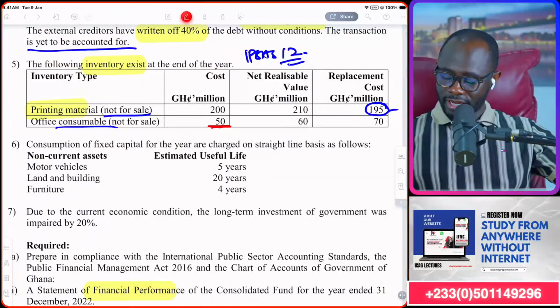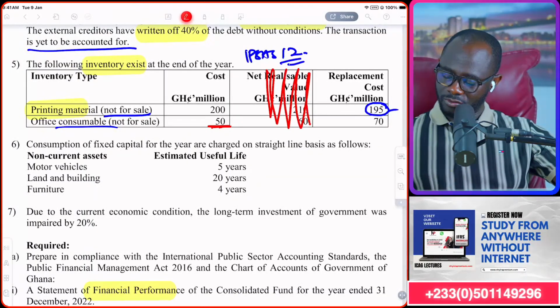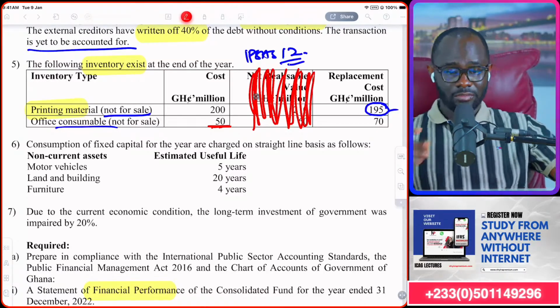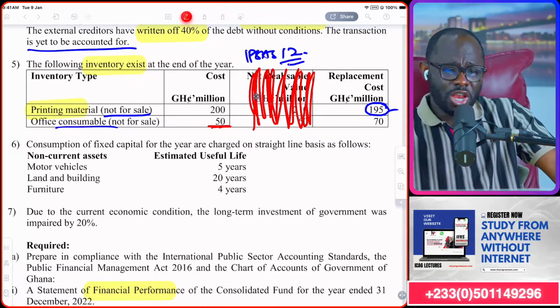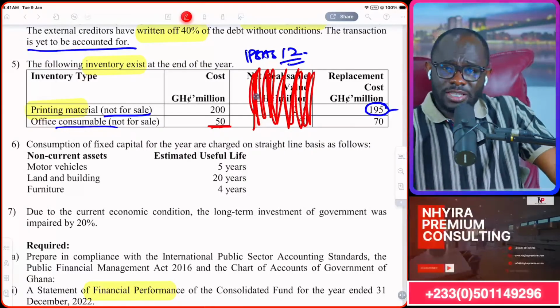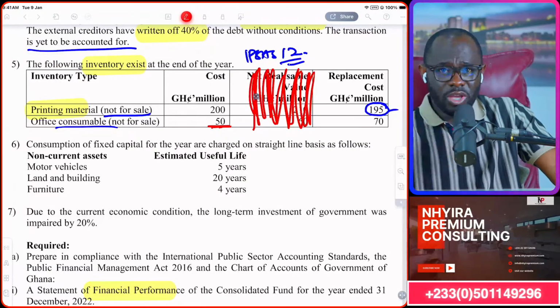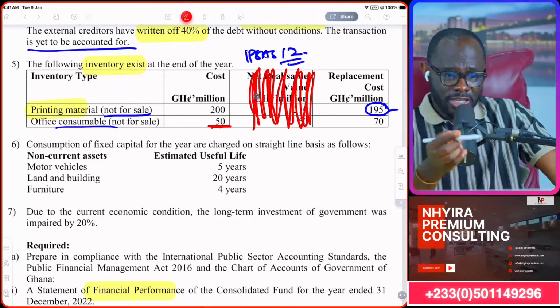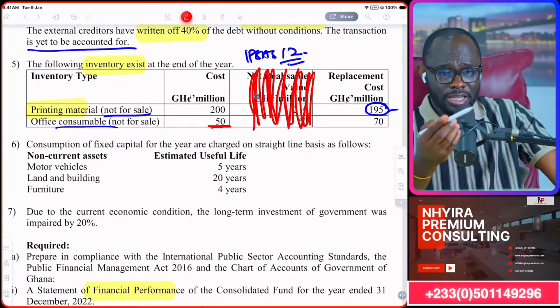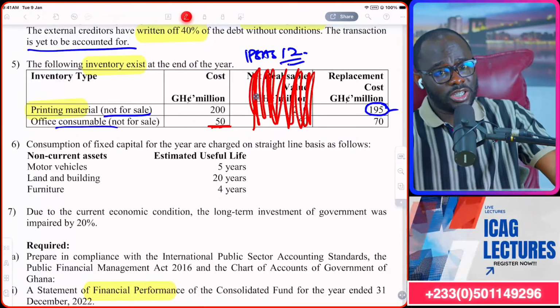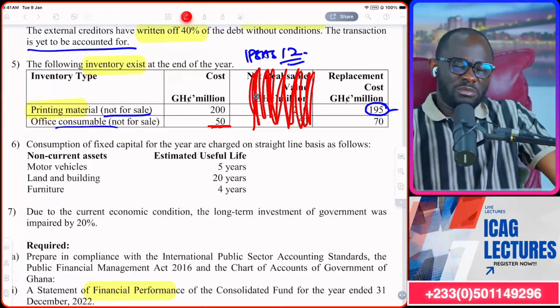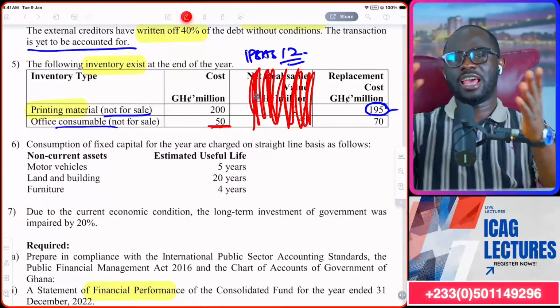So you realize that in the context of this question, the net realizable value is not needed. But the examiner brought it. It's not that the examiner wants to confuse you. No. The examiner just wants to find out, do you know IPSAS 12? If the inventories are not for sale, then it is carried at lower of cost and replacement cost. So it's not like, oh, the examiner brought a thing, we didn't need it. It's an exam.